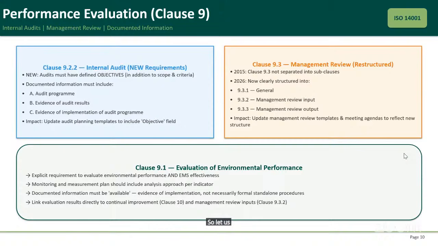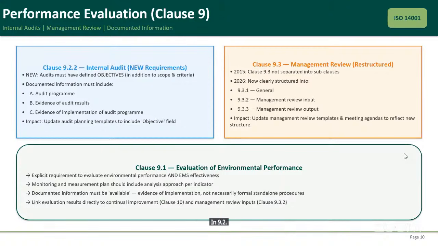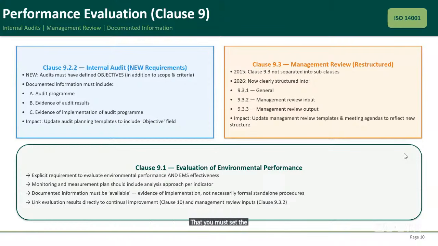So now, another new change, a new requirement, is that the objective must be defined. In the earlier version of clause 9.2, which is internal audit, in 9.2.2, it was just the scope and the criteria that were mentioned. But now, in the new version, it is clearly stated that you must set the objective.